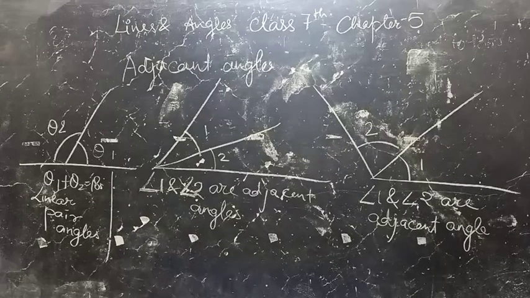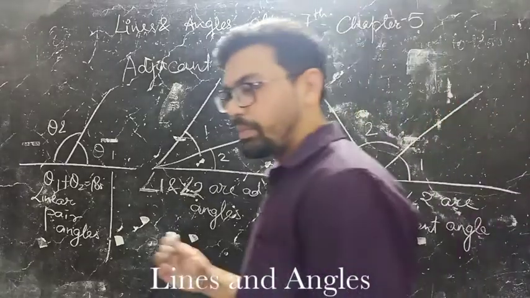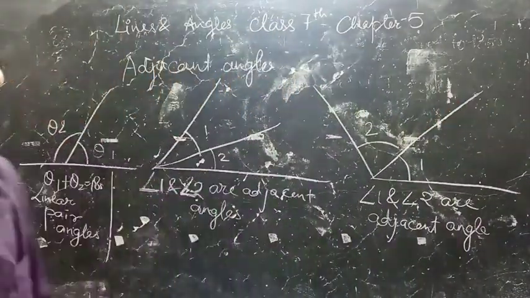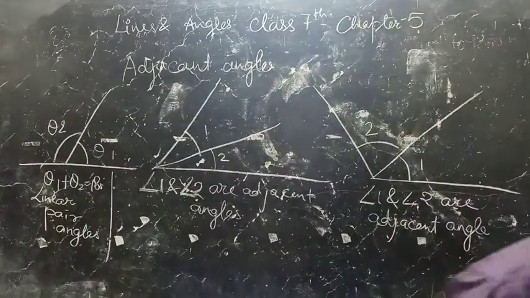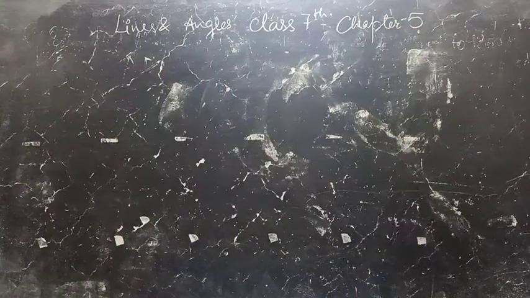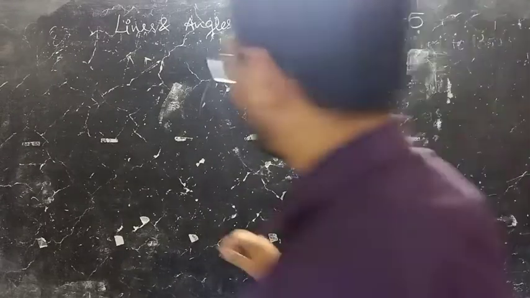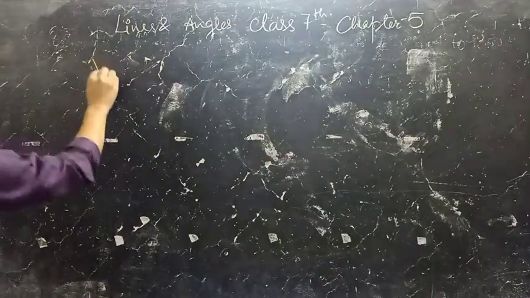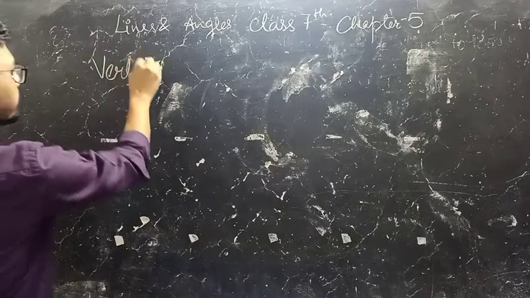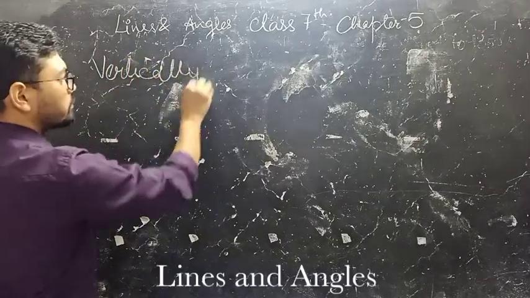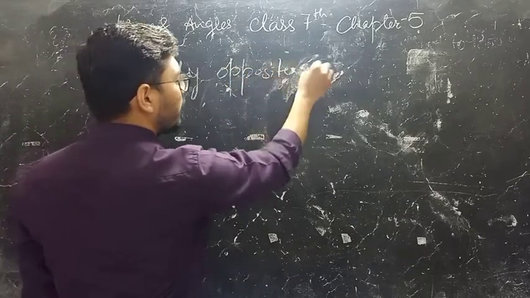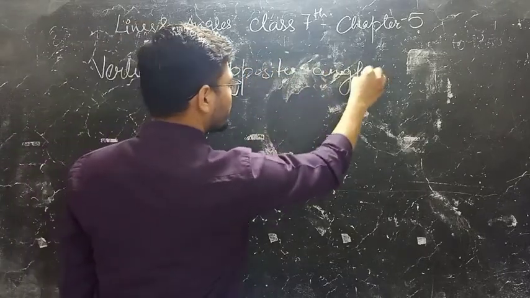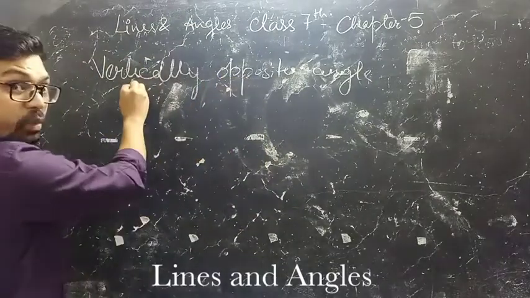So this is all about adjacent angles, complementary angles, supplementary angles. Now the next type of angles are vertically opposite angles. Vertically opposite angle, as its name suggests, opposite and vertical.